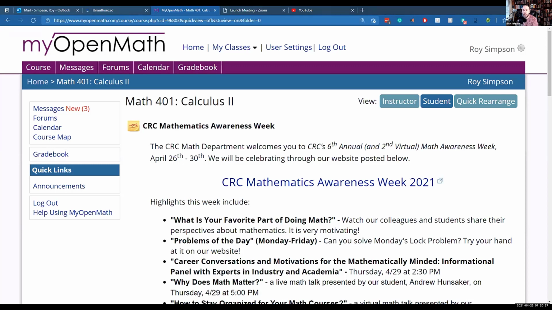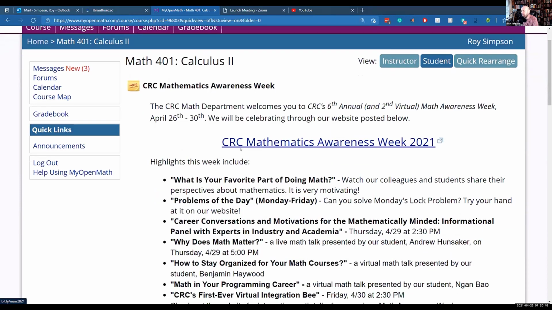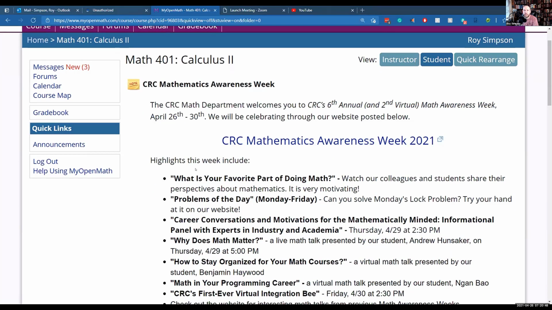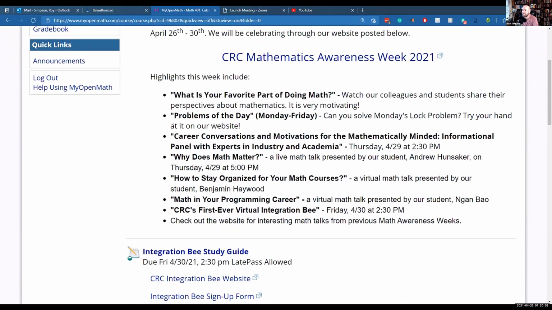a lot easier. I want to start this morning by announcing that this week is Mathematics Awareness Week at CRC. If you go to this website, you'll see there are a lot of games and prizes and fun stuff going on throughout the entire week. It culminates in the integration bee. There are talks by individuals within industry and by students who have pursued mathematics after CRC or even at CRC.